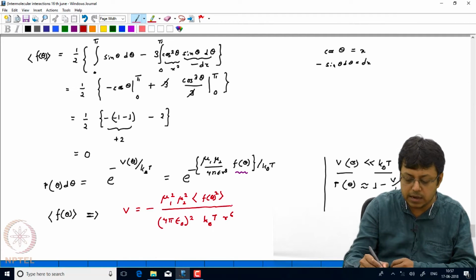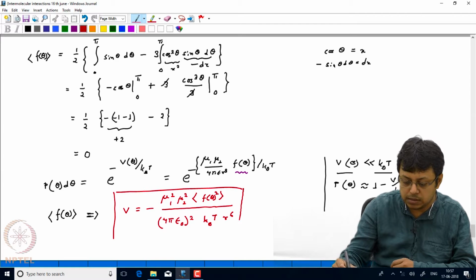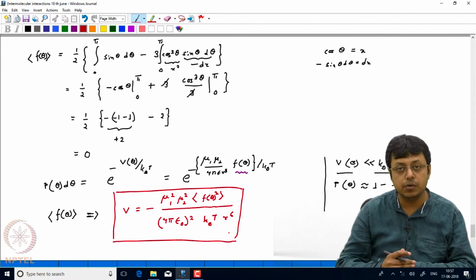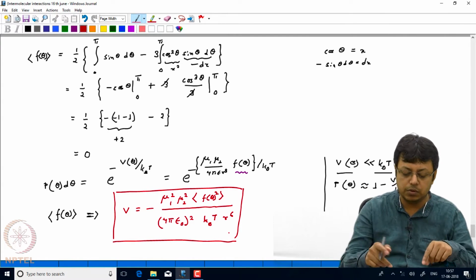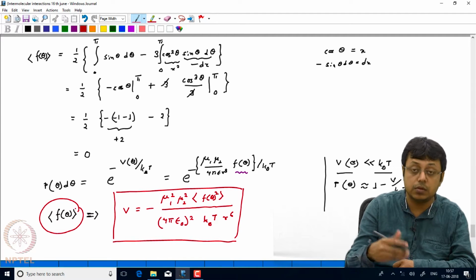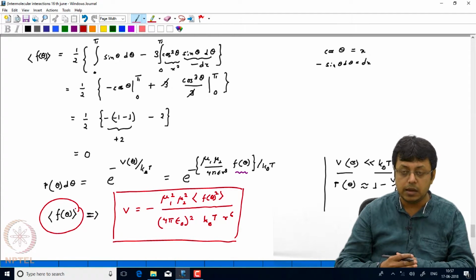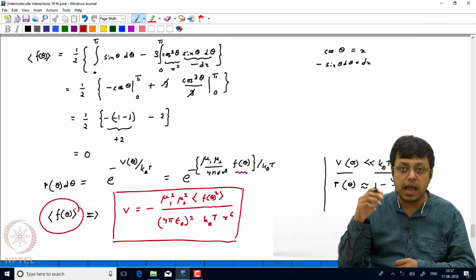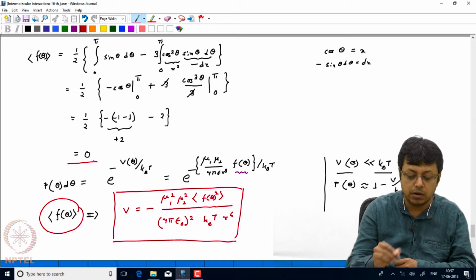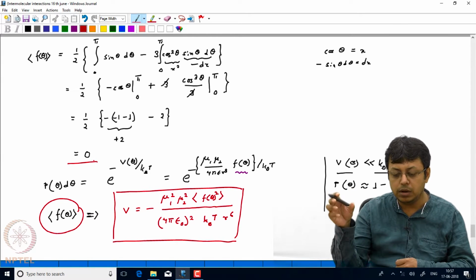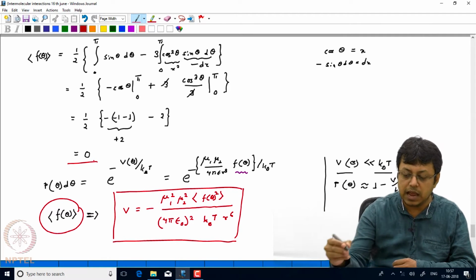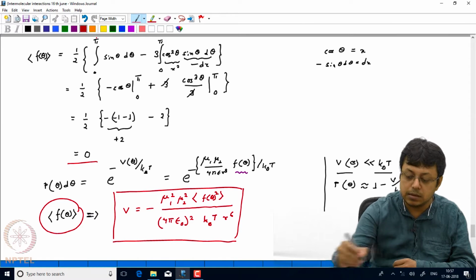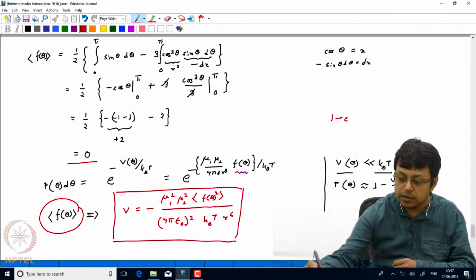Now, there are a few things to look at in this expression. We have mu 1 square and mu 2 square. This comes because when you calculate the average value of f of theta, you will get two averages. One is the average of f of theta, which is already 0, as we figured out, and the second is the average of f of theta squared, which is of course non-zero, being the average of the quantity 1 minus 3 cos squared theta, squared.